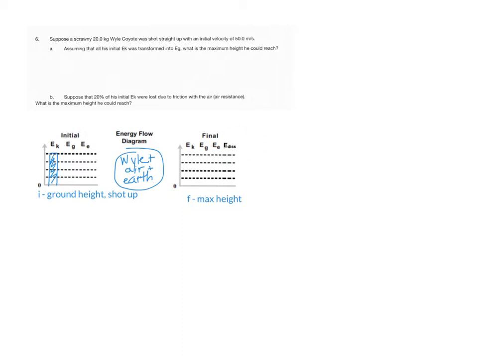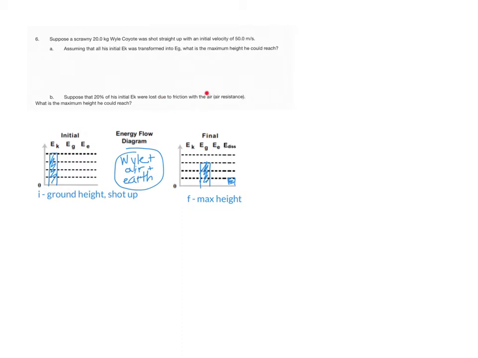Normally we'd have all of the kinetic energy going to gravitational potential energy, but in this case some of that energy is lost to air resistance, and the rest will go into gravitational potential energy.